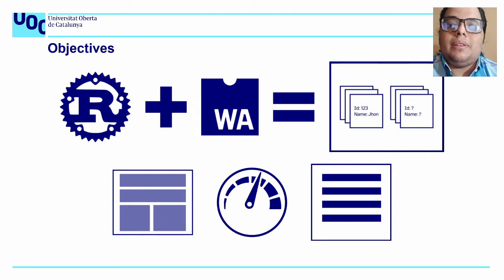The objectives of this project are, the primary objective is to create a tool that can perform DICOM image anonymization using WebAssembly to seamlessly incorporate libraries originally developed for desktop applications into a web-based platform.